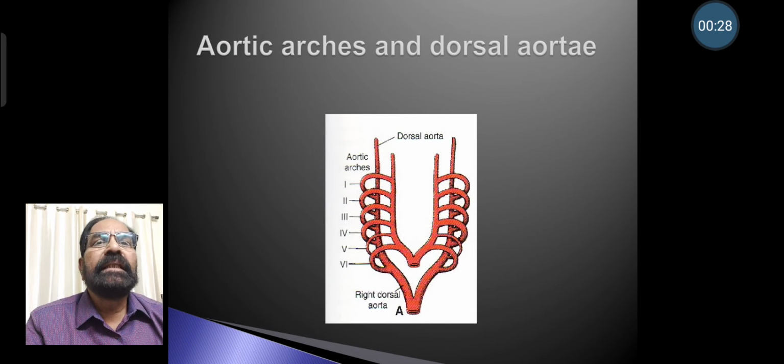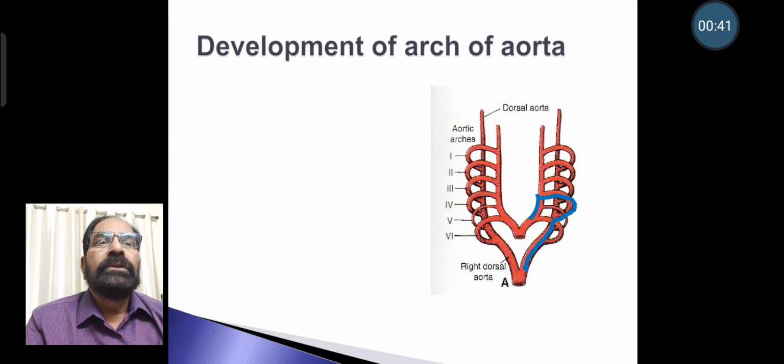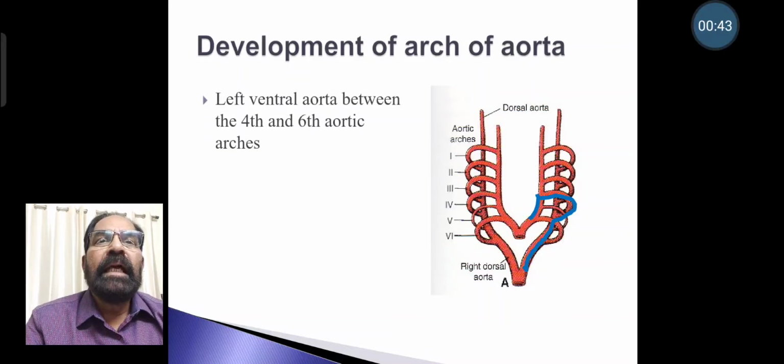So you are seeing the aortic arch and the dorsal aorta. There are 6 aortic arches and 2 dorsal aorta. Coming to development of arch of aorta, the arch of aorta develops from left ventral aorta between 4th and 6th aortic arches as shown in the figure.